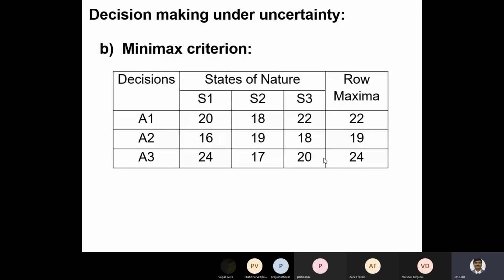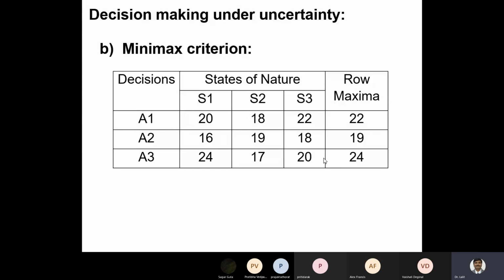The maximum loss associated with A1 is 22, that of A2 is 19, and A3 is 24. Remember, the objective of the decision maker is to minimize the maximum losses or maximum cost. The payoff matrix may represent losses or cost, so obviously the objective is to minimize them.